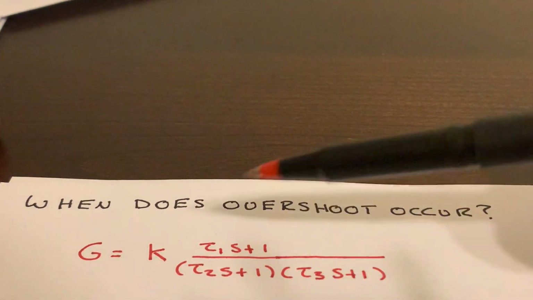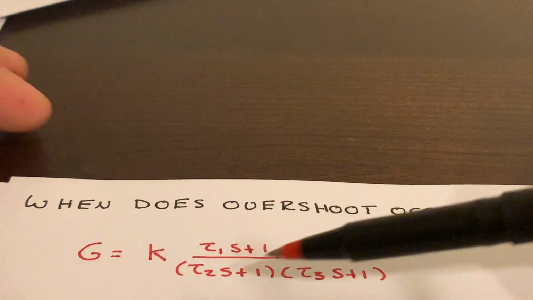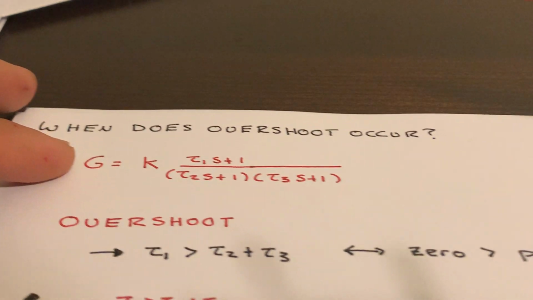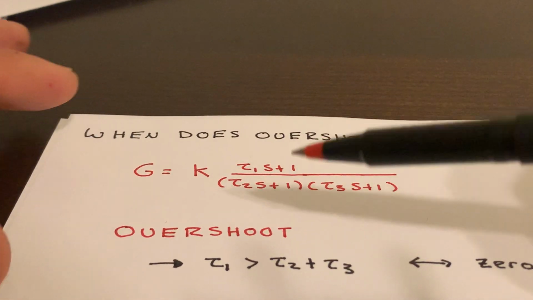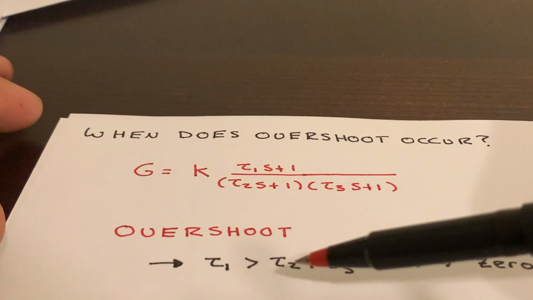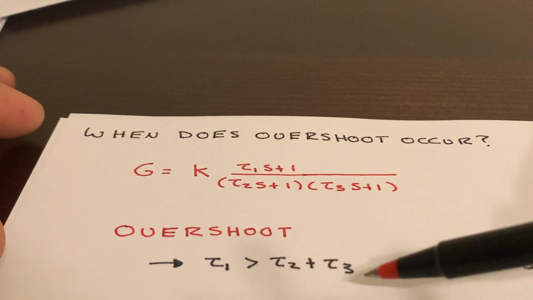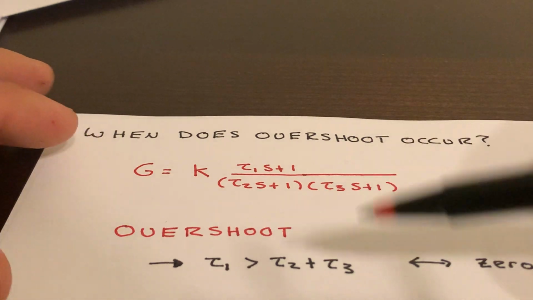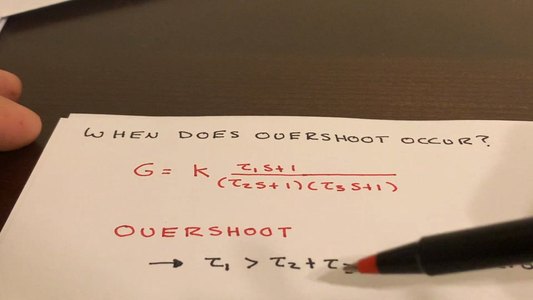So again, let's consider the second order system with a single zero. And again, we have our gain and our two poles in the system. Overshoot occurs when tau 1 is bigger than tau 2 and tau 3.